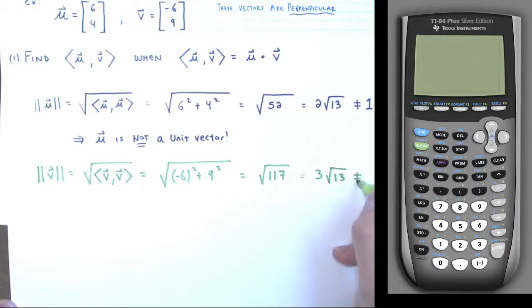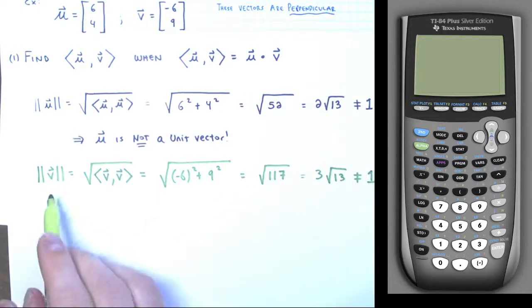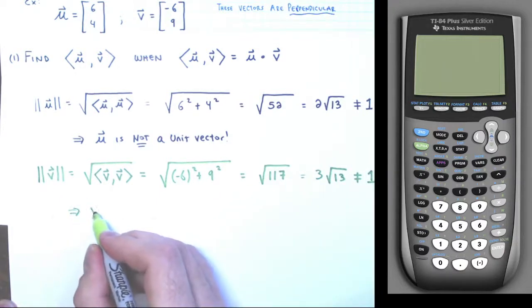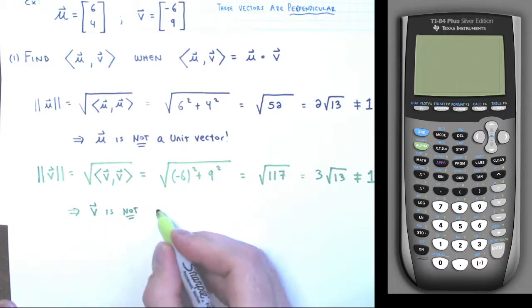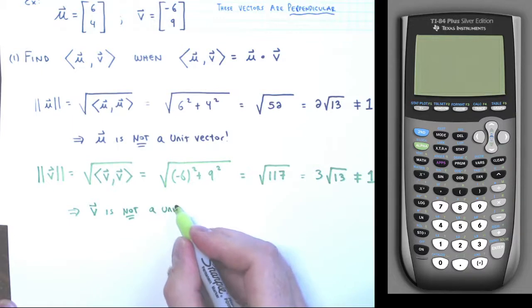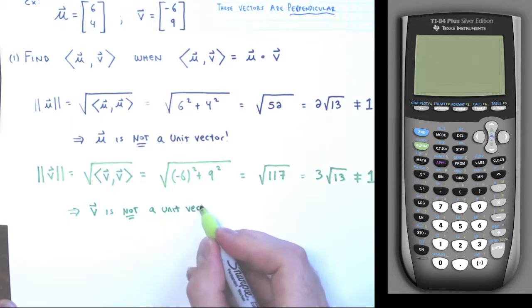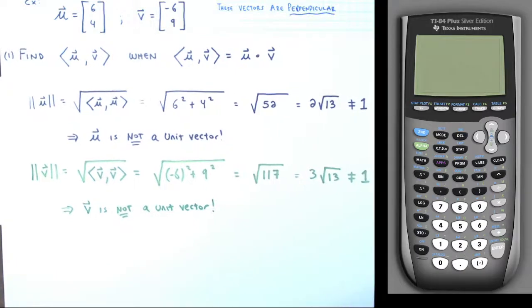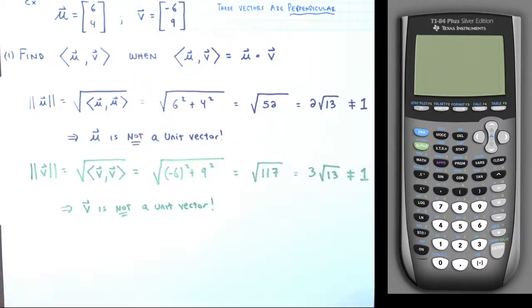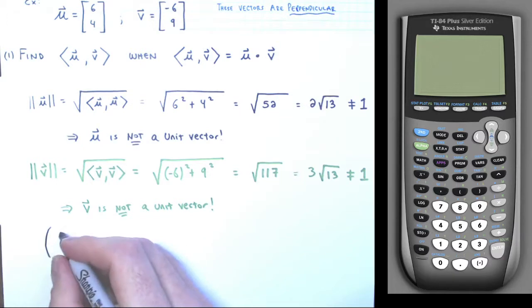Again, that's not 1, right? So my vector v is not a unit vector, but I can easily find a unit vector that goes in the same direction by simply multiplying v, this negative 6, 9 vector, by the reciprocal of its norm.